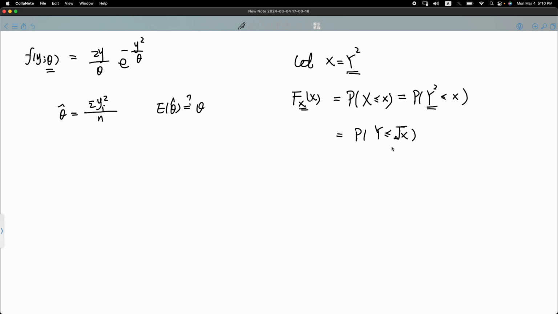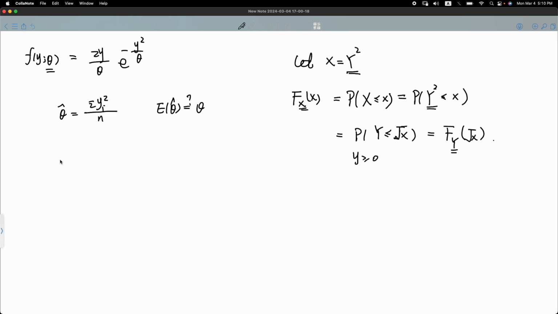This also implies that Y must be greater than 0, but that's just a detail. And this is just the CDF of the random variable Y, evaluated at the square root of x.